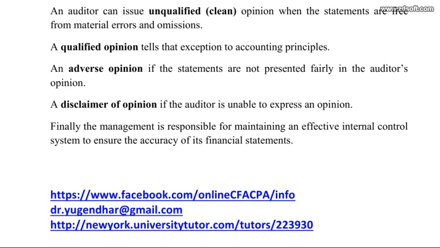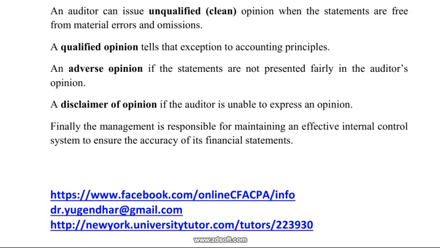In the name itself it explains: the auditor is not giving any opinion. He is unable to express an opinion, sometimes because he is not able to read the financial statements, or for some other reasons.